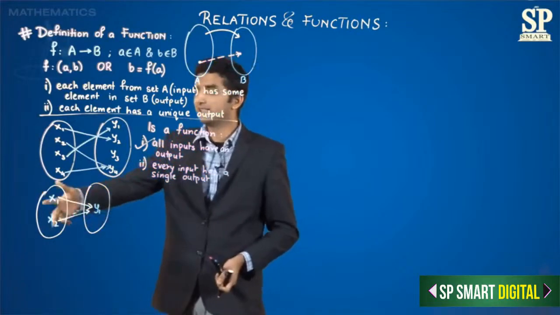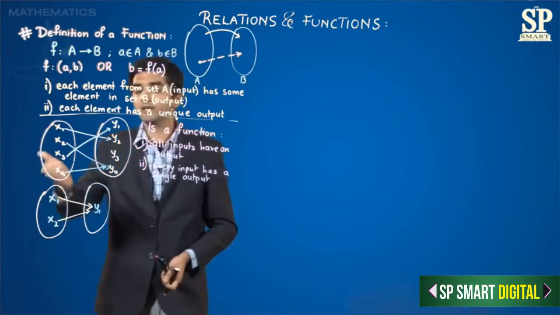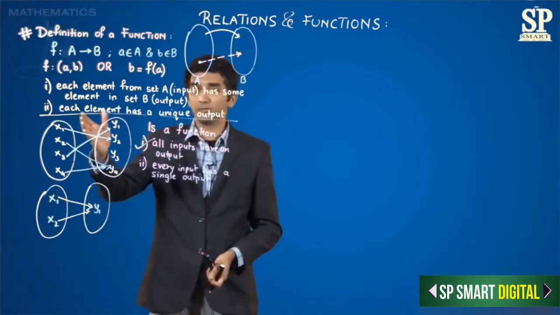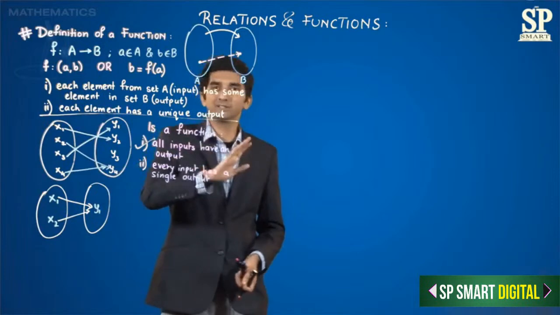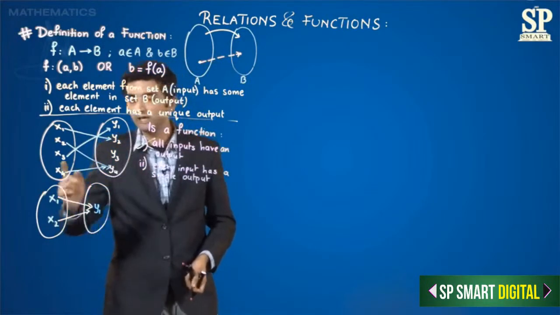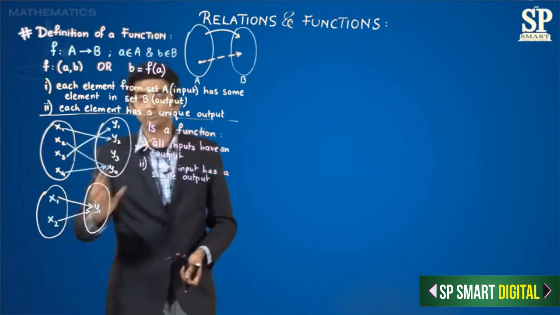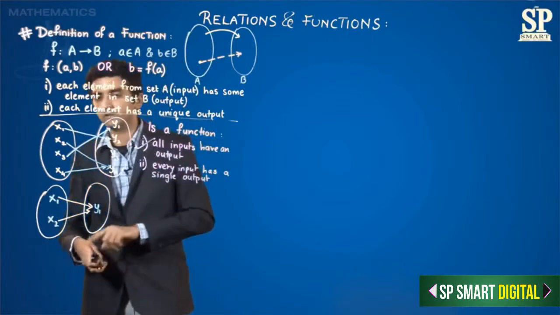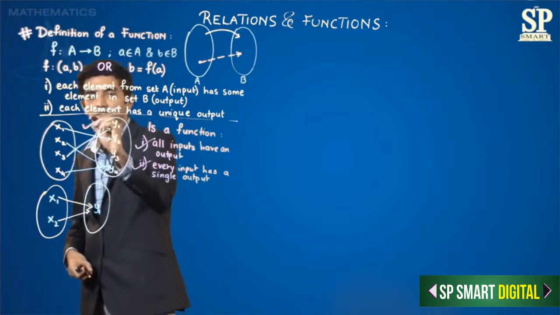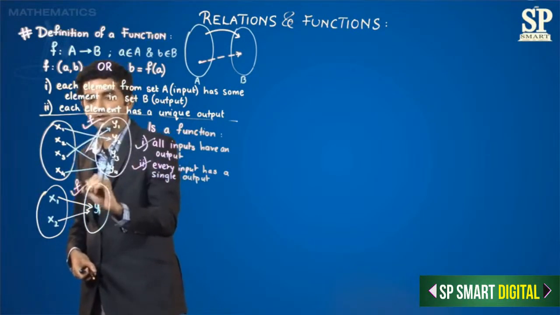So let's see, each element from the domain, or the input, has an output, so the first condition is satisfied. Now about the second thing, each element has a unique output, and even that is happening, because x1 is having one output, x2 is having one output, so this is a function. I'll just write f, this is a function over here.